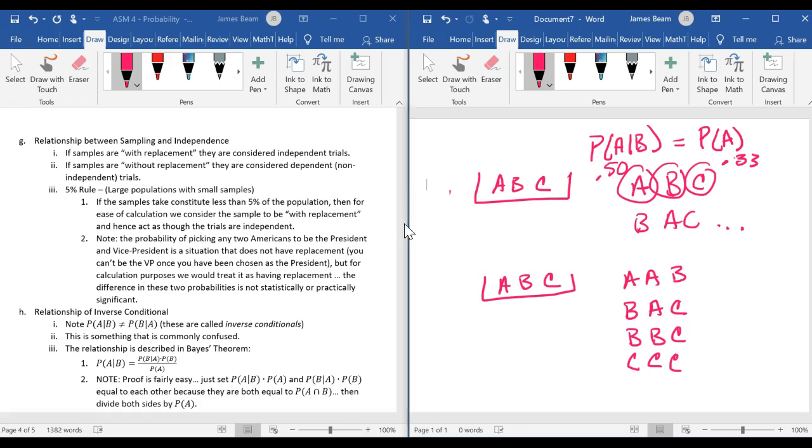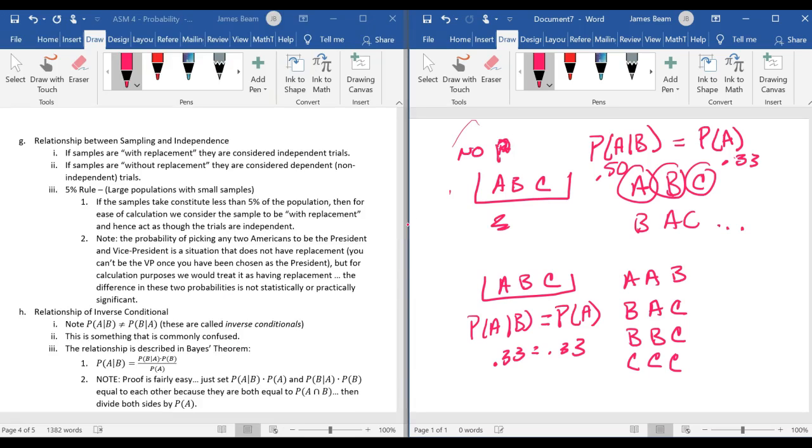Here, though, they're independent. The probability of getting A in the second trial, given that I got B in the first trial, is the same as just pulling A. These are both 33%.